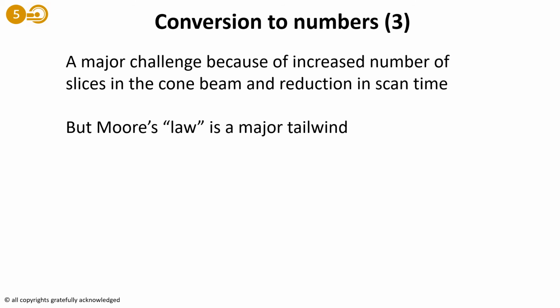It is a major challenge, and it's grown over time because of the increased number of slices in the cone beam and because of the reduction in scan time. But then we go back to the Moore's law tailwind, which applies to some extent in detectors, although they're not the real mainstream silicon products like processors and memory, which Moore's law definitely applies to.